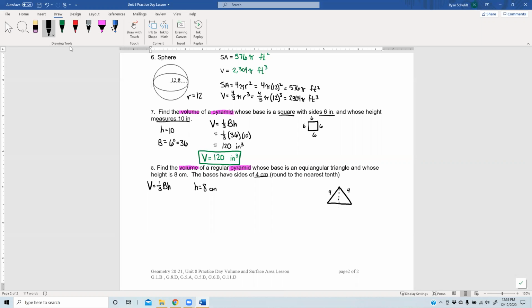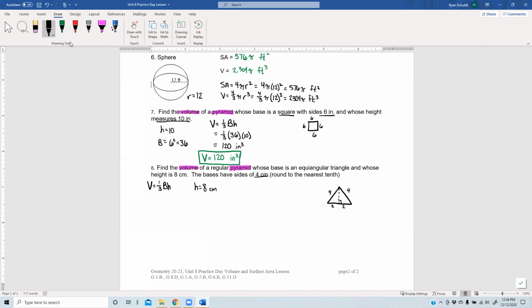I know it goes straight down the middle. So I know this is 2 and this is 2. Well, we could use special right triangles, but I'm going to bet that y'all probably forgot those. So let's just use the Pythagorean Theorem.